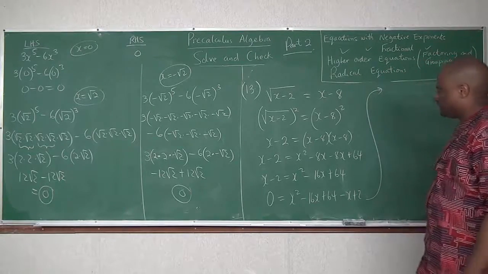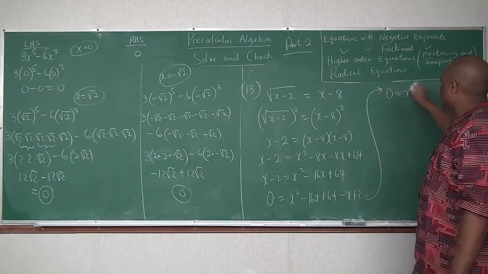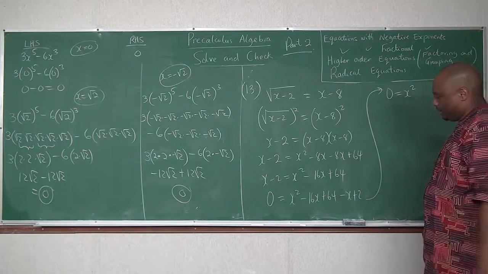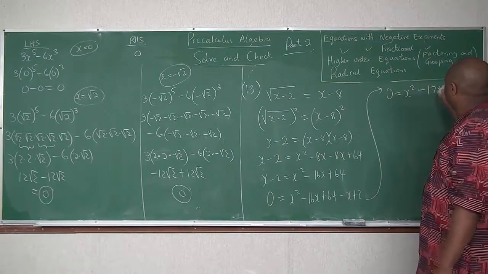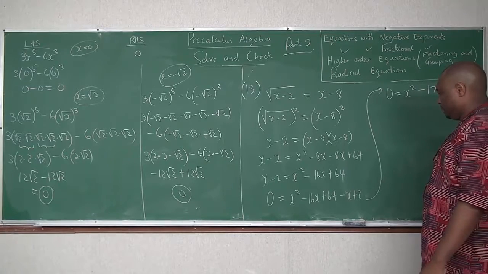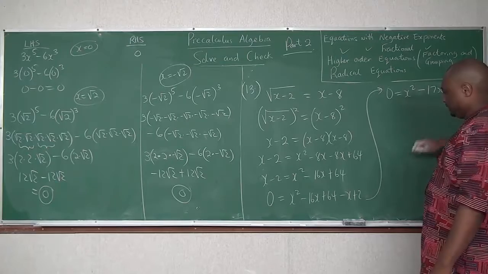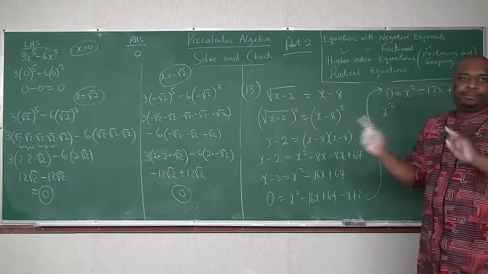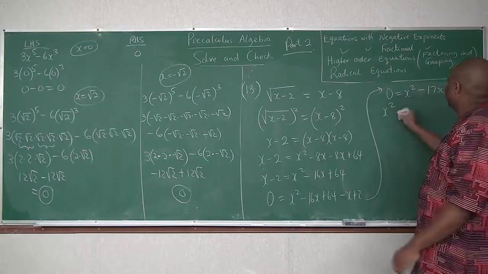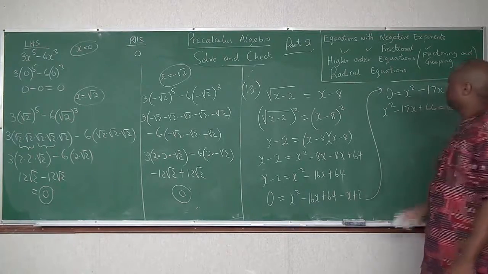So 0 is equal to x squared, minus 16x minus x is minus 17x, plus 66. So I swap it: x squared minus 17x plus 66 is equal to 0.